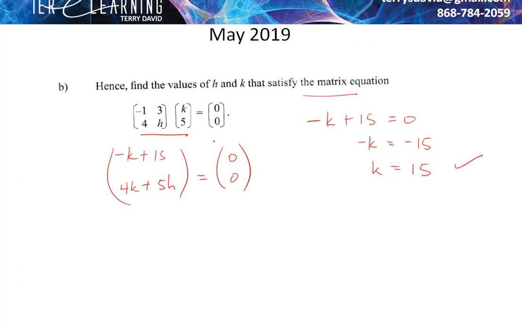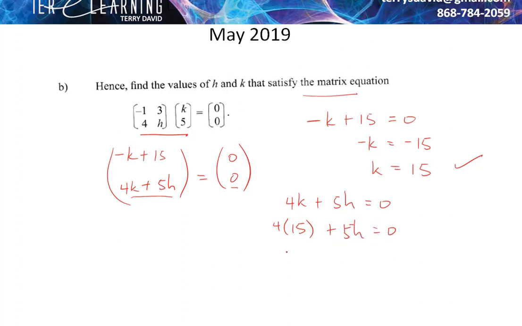So this is the first part. We've solved for k. Next thing we need to do is to figure out what h is. So what we're going to do is to put 4k plus 5h equal to 0. So 4k plus 5h is equal to 0, and that will be 4 by 15 plus 5h equal to 0.